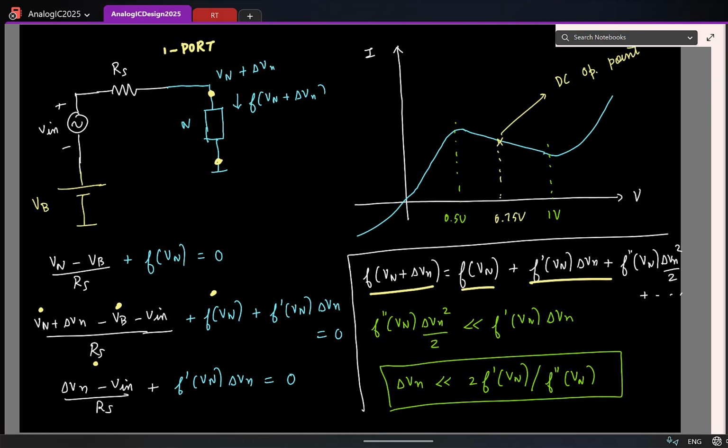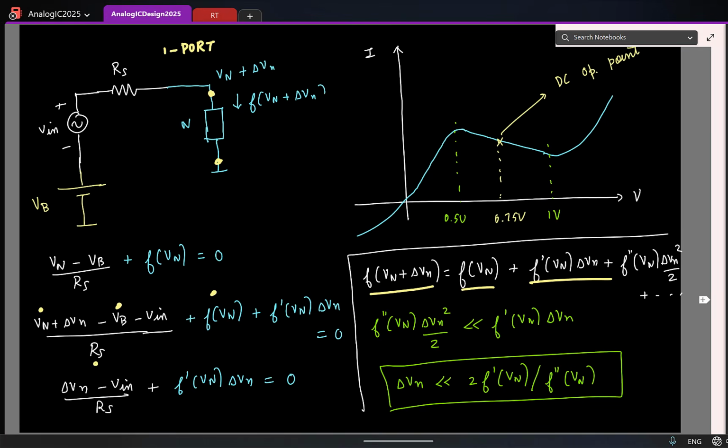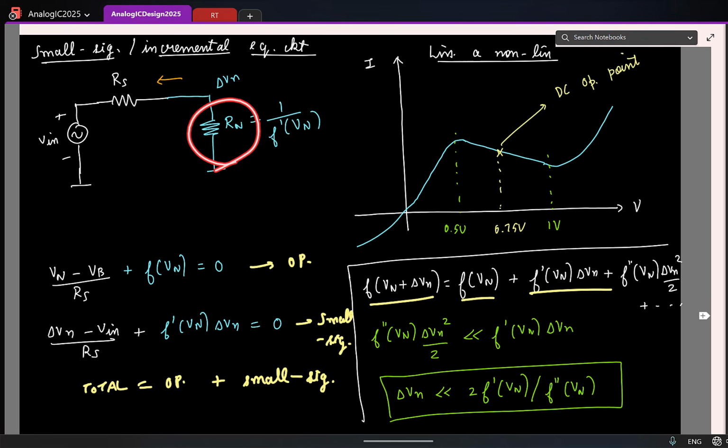Is that okay? And for small signals, this nonlinear characteristic can be approximated as a linear characteristic, and that's essentially a resistor, right? Or in other words, a small signal model for a one port nonlinear element is a resistor.